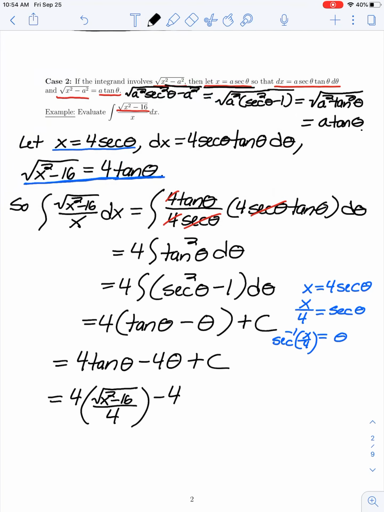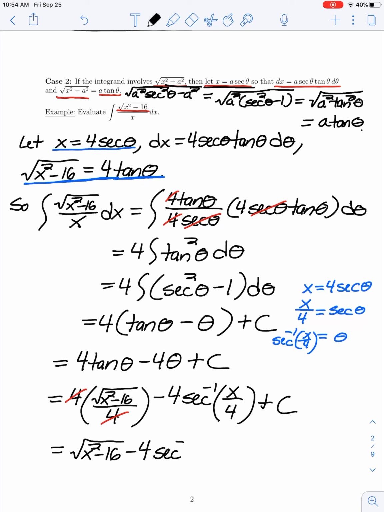So we've got a negative 4 times the inverse secant of x over 4 plus our constant c. Or simplifying this first expression a little bit, I can see this factor of 4 will cancel, and I'm left with the square root of x squared minus 16 minus 4 times the inverse secant of x over 4 plus c.